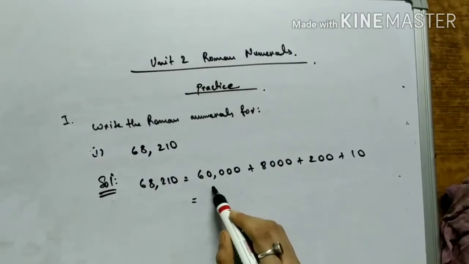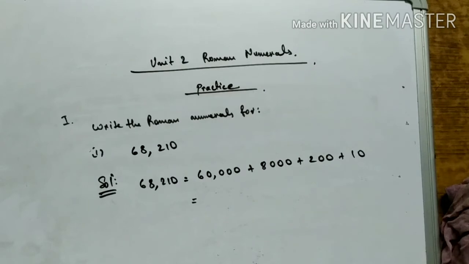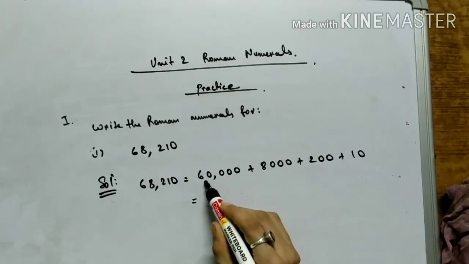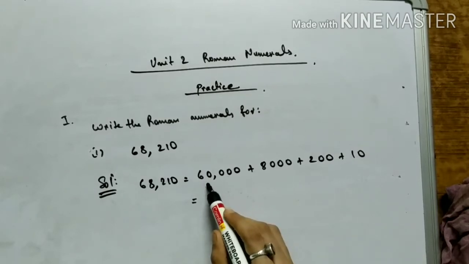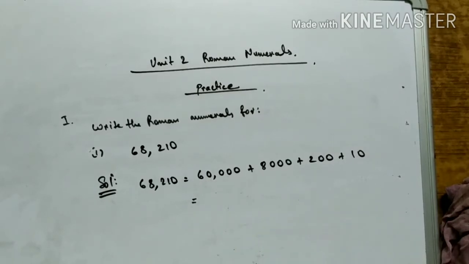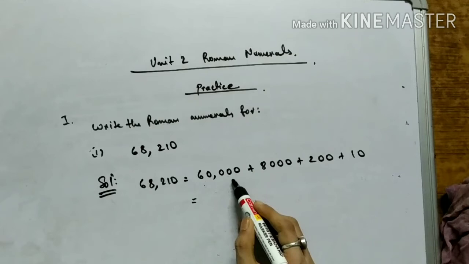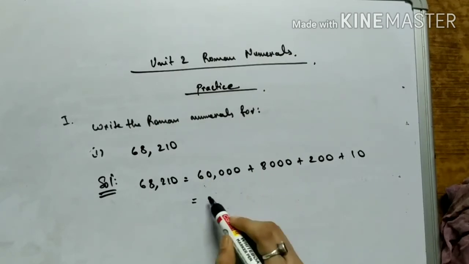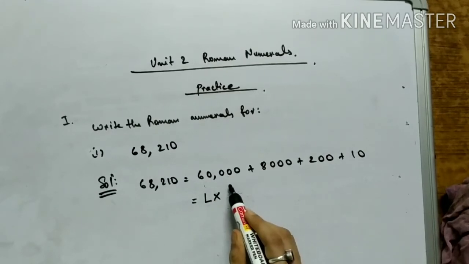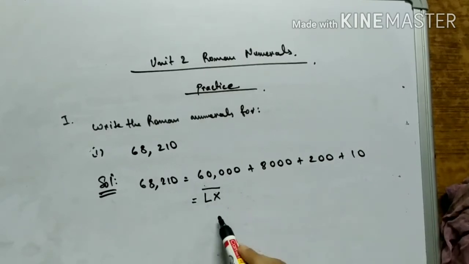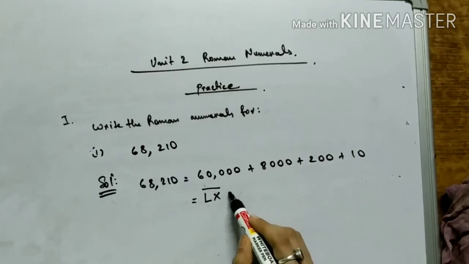You see here, this is 60,000. That means 60 into 1000. So 60 means I know LX is 60. Therefore LX with a bar, then this will be 60,000.